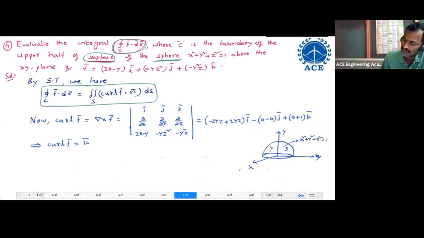At any point on the surface, the unit normal vector is n bar equal to del phi by modulus of del phi.